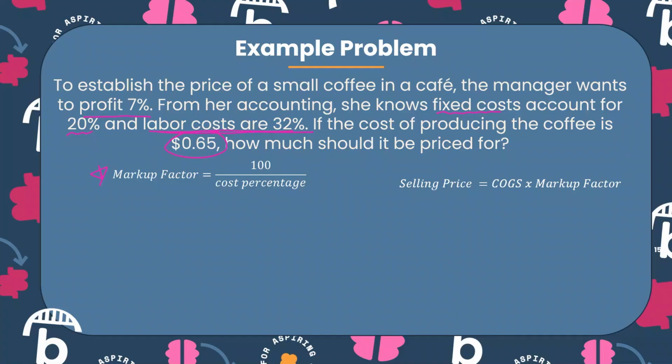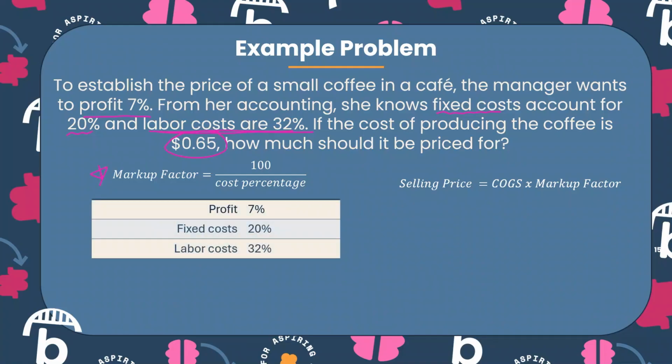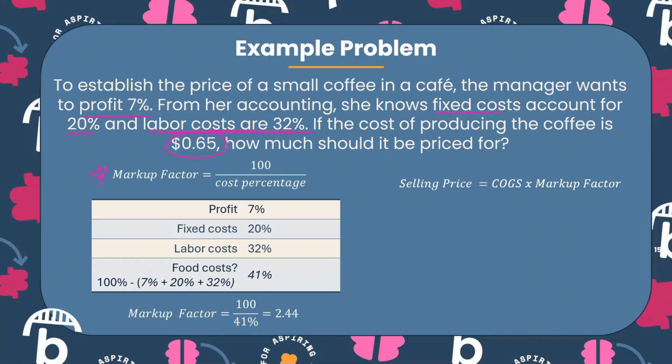So to calculate our markup factor, we need to know what percentage of the final price that 65 cents represents. And to do that, we subtract the known percentages, the profit, the fixed, and the labor from 100%. 100% is the starting point. Subtract out 7% for profit, 20% for fixed costs, and 30% for labor costs, leaves us food costing 41%.